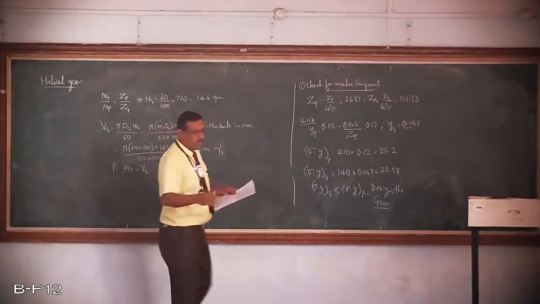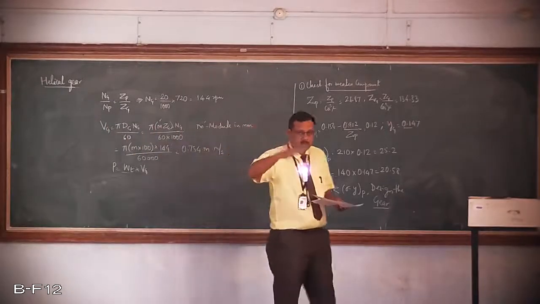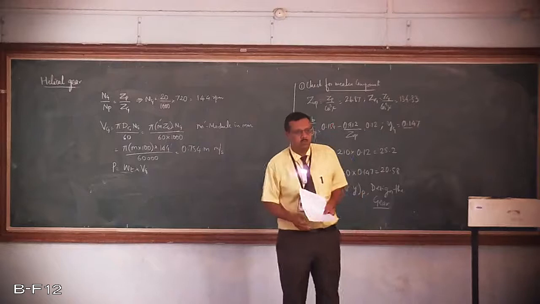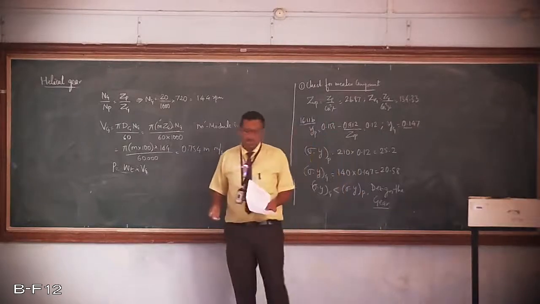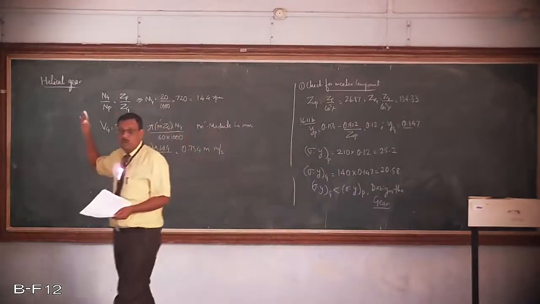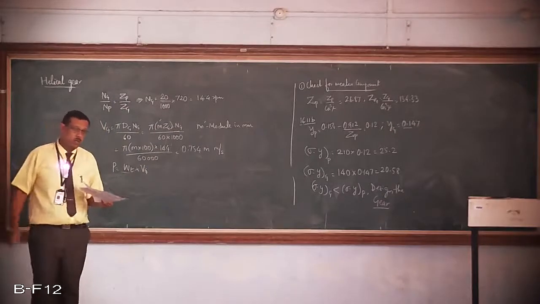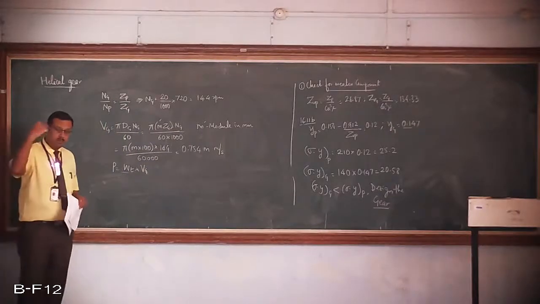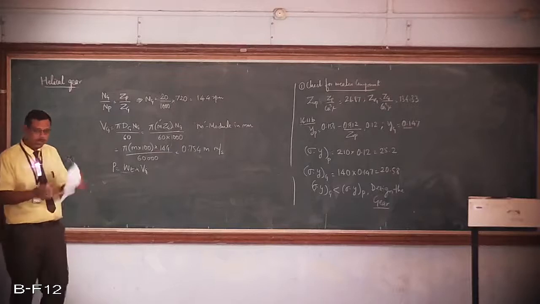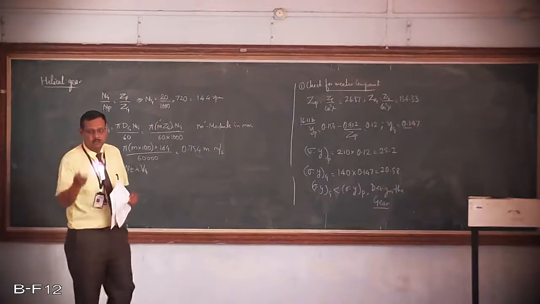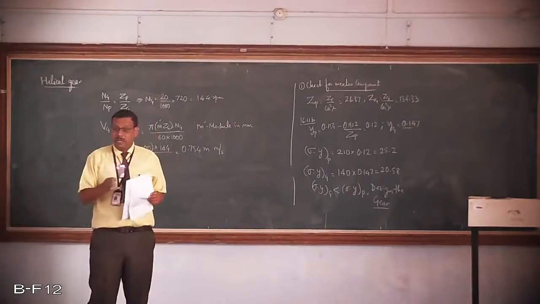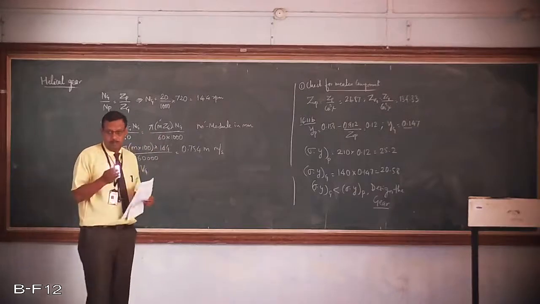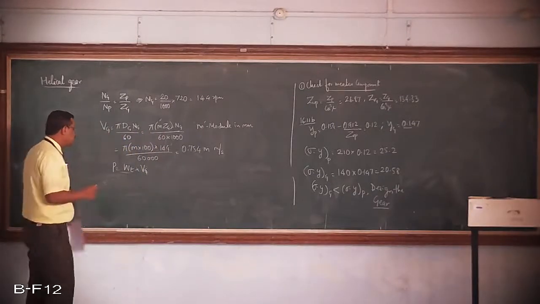The power is transmitted with light shock loads, and it has to be operated continuously, and we have seen that the service factor is 1.5. We have taken it from the table. Therefore, we have to design for 50% more capacity. That is, if 10 kilowatt is the power transmitted, we have to design the gear for 10 into 1.5, that is 15 kilowatt power. Therefore, we need to incorporate the service factor here.